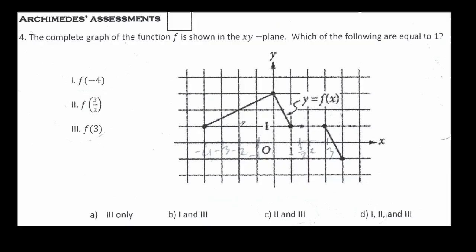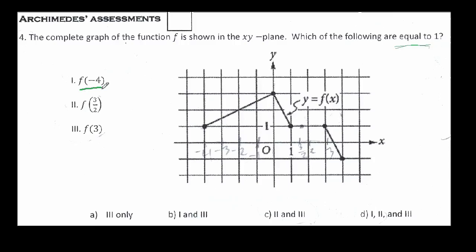Problem 4. The complete graph of the function f is shown in the xy plane. Which of the following are equal to 1? So what is this problem asking us? Equal to 1. So it's asking, when we plug in -4 into the function, does that equal 1? Is the output equal to 1 at f of -4? So let's take a look at the graph.